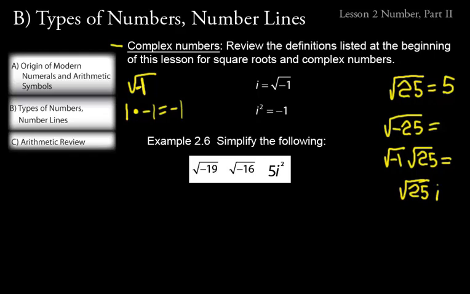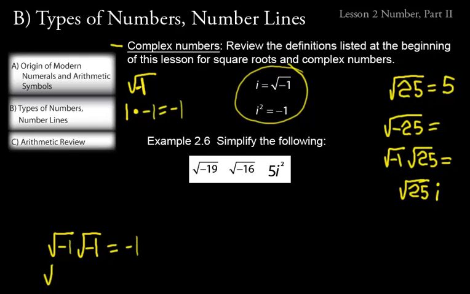We put that i on the outside of the square root symbol. So look at this here. i is equal to the square root of -1. i squared equals -1, because that would just be square root of -1 times the square root of -1. That equals just -1 without the square root symbol. Same with any number. Square root of 5 times itself, square root of 5, would equal 5.